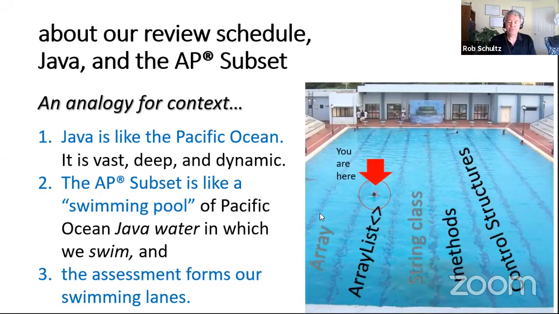As we prep for the assessment, you can think of the different topics as lanes. This week we are in the array list lane. Just like water is fluid, it flows from lane to lane, so there's going to be some overlap. There are things we do this week that involve arrays and array lists, maybe you might see strings pop up from time to time, and the methods and control structures. But the main focus of this week is array list review.